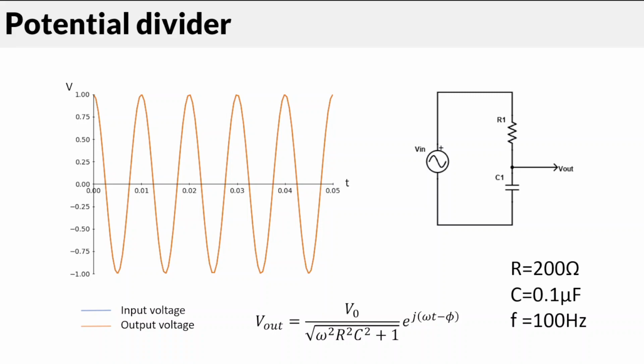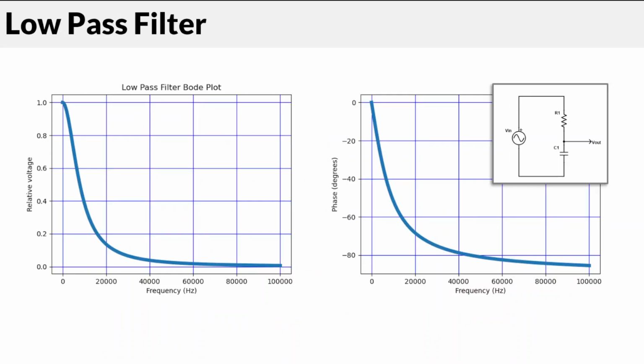So we can plot that amplitude change and phase change on a graph. The left-hand graph here is the relative voltage of the input and output, the relative amplitude of the voltage signal for the input and the output.